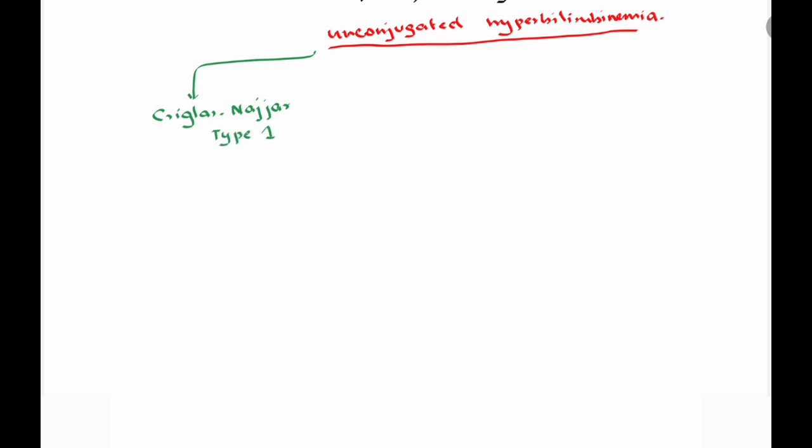Now coming to unconjugated hyperbilirubinemia. In hereditary unconjugated hyperbilirubinemia, we have three types. One is Crigler-Najjar syndrome type 1, Crigler-Najjar syndrome type 2, and Gilbert syndrome.